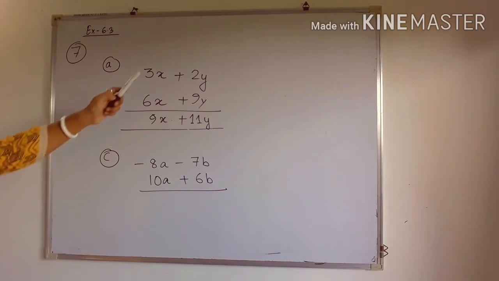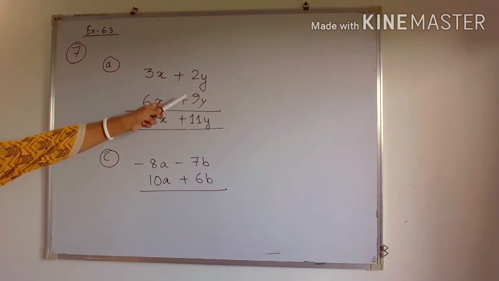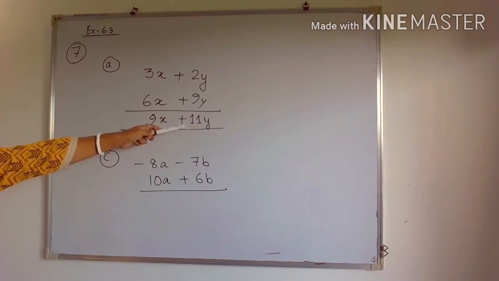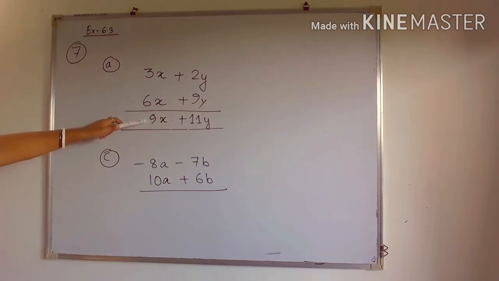They are like terms, so they are written one below the other. So here we have to add 9y and 2y. After adding we will get 11y. Similarly 6x and 3x are like terms, so after adding these two we will get 9x. So finally our algebraic expression will be 9x plus 11y.